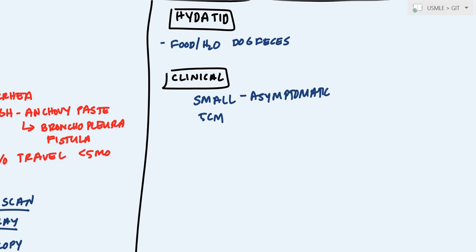Going back to the other theme, the symptoms are going to depend on the location, how big it is, and basically it's the mass effect. It's just taking up space, and that's where you're causing damage.